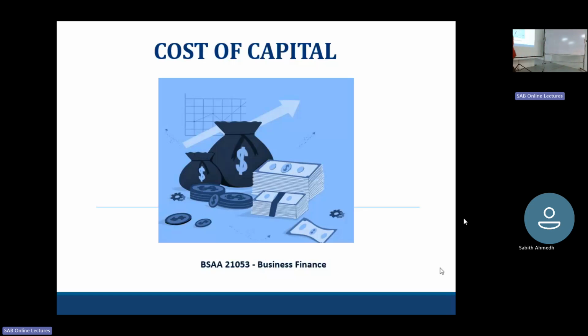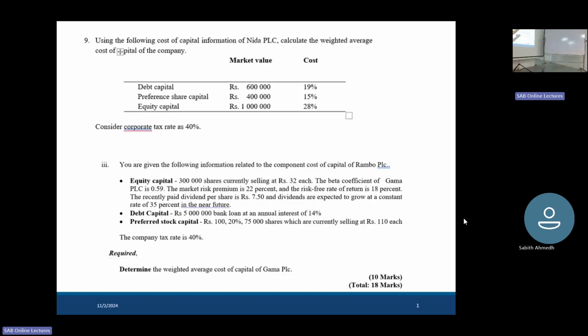Now, if you look at this, this is a PLC company. Here is their capital structure, how they have financed their capital requirement. Say, debt capital is there, preference shares are there, equity capital is there, 1 million.